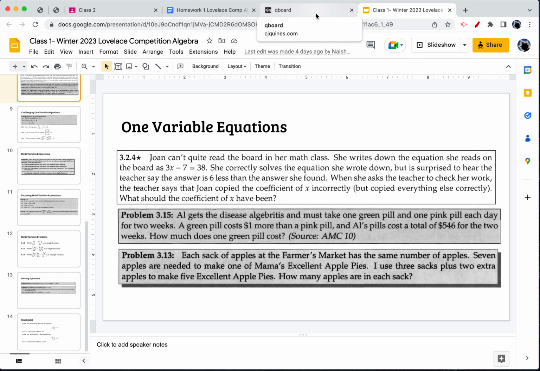So it says that Al gets the disease algebraitis and must take 1 green pill and 1 pink pill each day for 2 weeks. A green pill costs 1 more than a pink pill, and Al's pills cost a total of $546 for the 2 weeks. How much does 1 green pill cost?